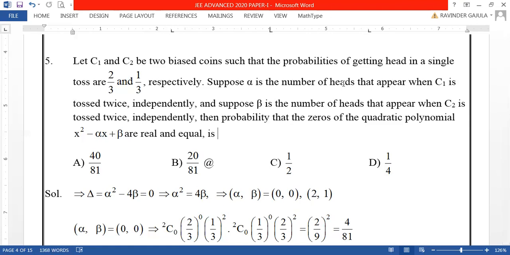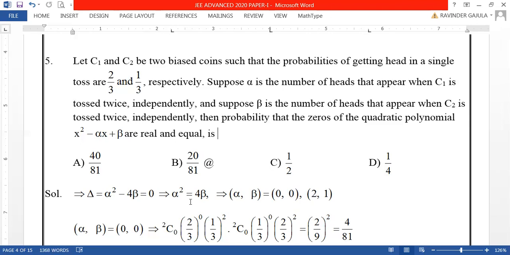For 2 tosses, either you can have no head, or 1 head with the other a tail, or 2 heads. Therefore, alpha and beta can be in the range of 0, 1, 2.